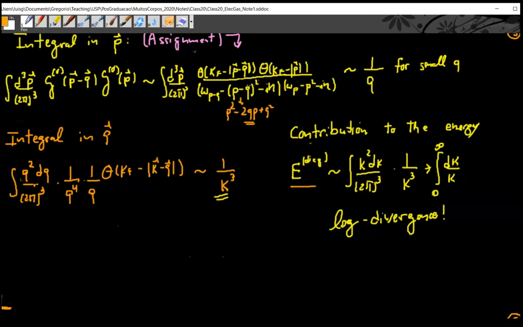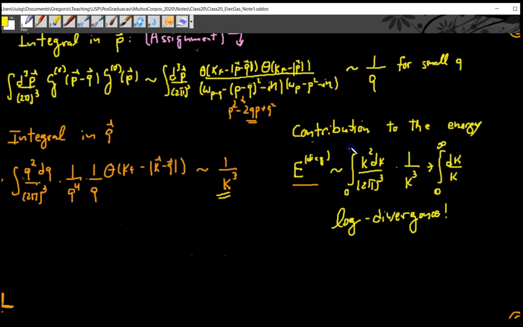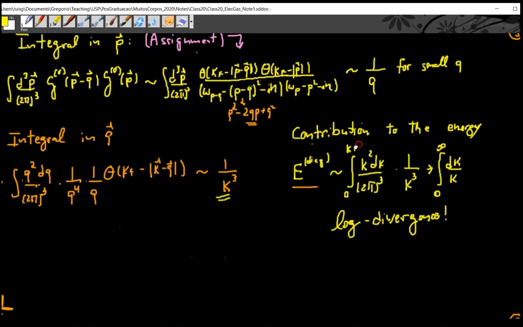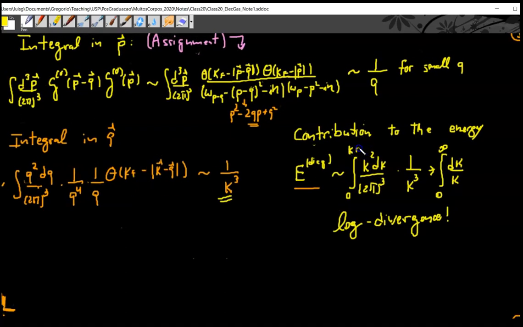And this would be something like 0 to infinity or something, or to k_F. It's going to be to k_F, but something like there's a cutoff at k_F because of these theta functions here. But then I'll get this k squared dk 1 over k cubed.